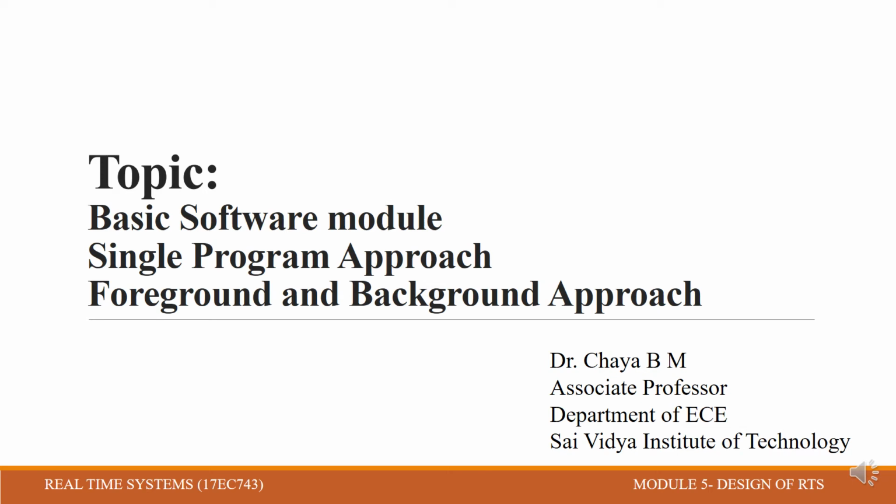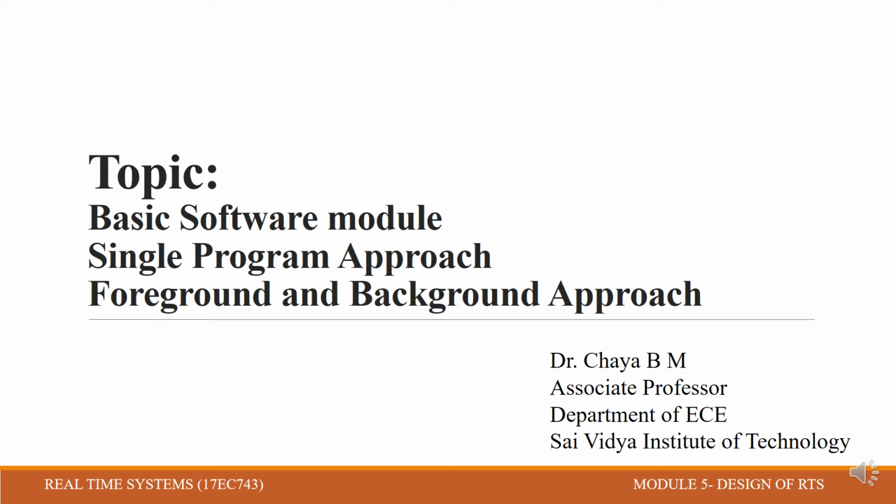Foregrounds are the modules with hard time constraints. Okay, when I say hard time constraints, these are the modules which have the highest priority. So these modules will be the highest priority tasks, and they run with hard real-time constraints.